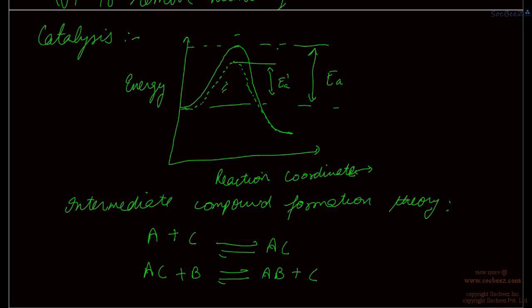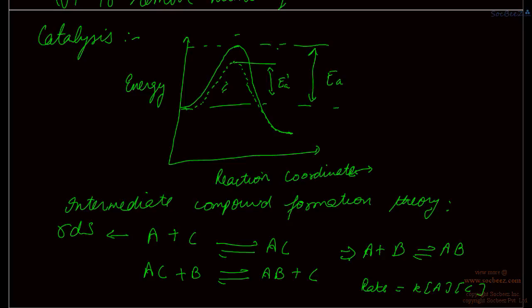So this is the reaction that takes place in the presence of a catalyst, and the net reaction is A plus B giving us AB. So in the presence of a catalyst, an intermediate known as AC is formed, and then AC undergoes reaction with B which forms AB, and the rate equals K into A into C, because this is the rate determining step, RDS.